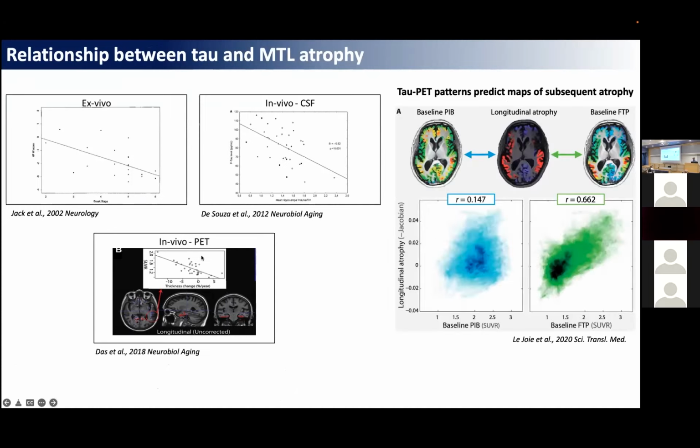And it's not only the case for the MTL, but it's also the case at whole brain level, where all the voxels of the brain are taken into account, and baseline tau PET uptake is strongly associated with longitudinal atrophy, but it's not the case for amyloid, so that's interesting. So all these studies really suggest that tau pathology is the major driver for atrophy in AD.